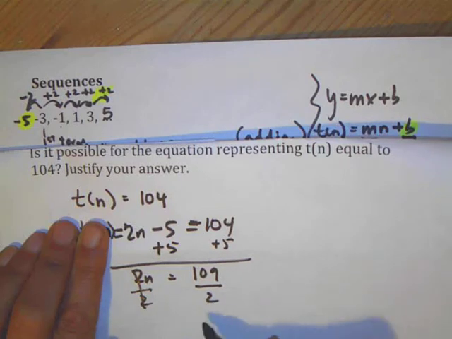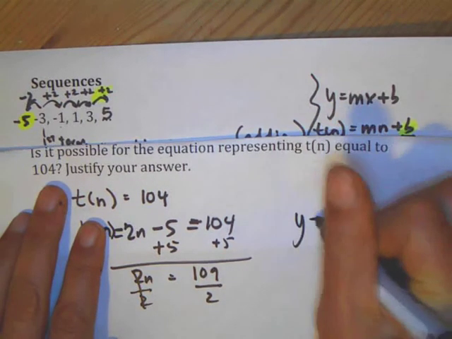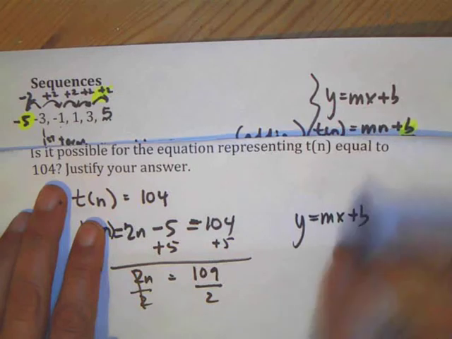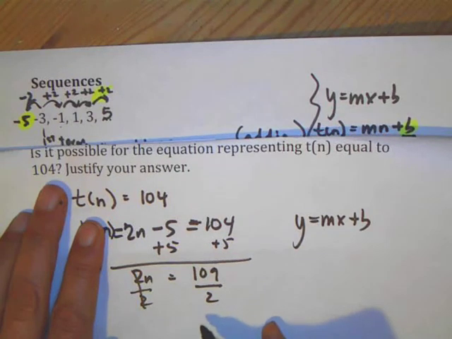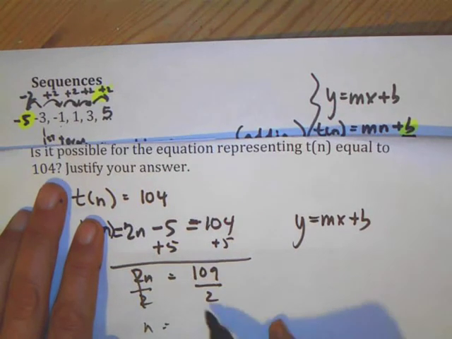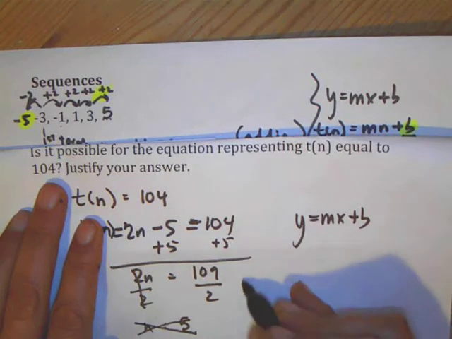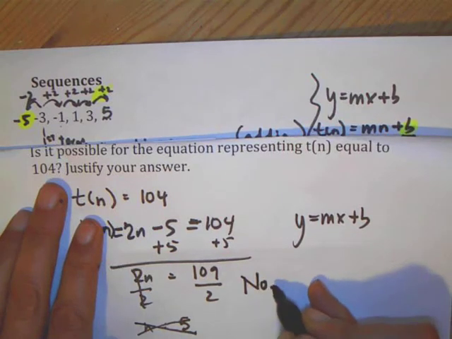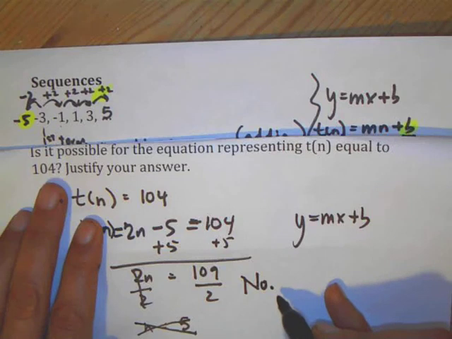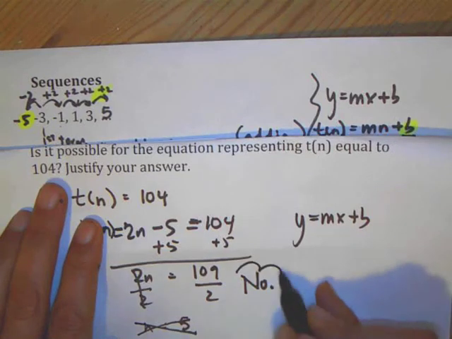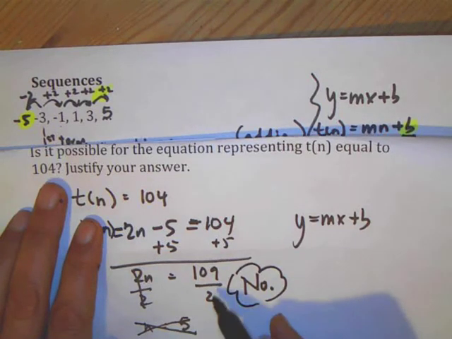Now, if this was y equals mx plus b, you would be able to solve this and get a number. However, if I do this, I get 50 something and a fraction. Okay, so this here is not going to work. And the reason why it doesn't work is because this does not go on a whole time.